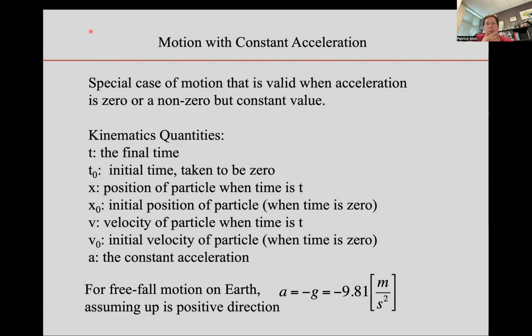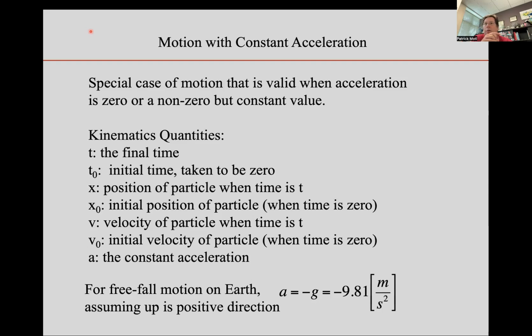It may not seem like motion with a constant acceleration is all that general, but for most of our everyday activities, we are on the surface of the Earth. The acceleration due to Earth's gravity is roughly constant.